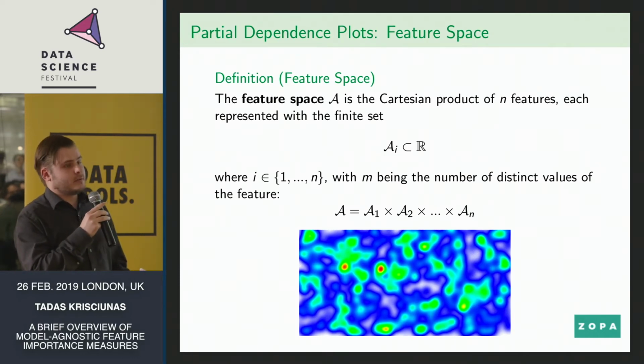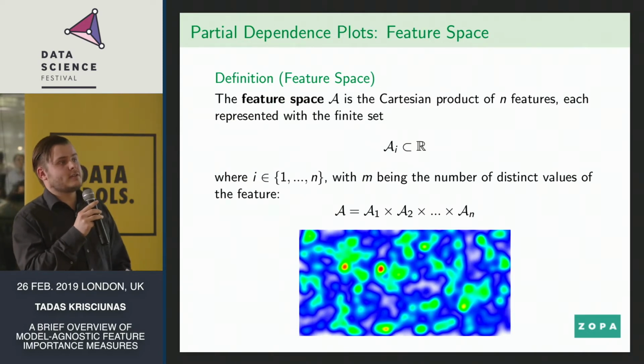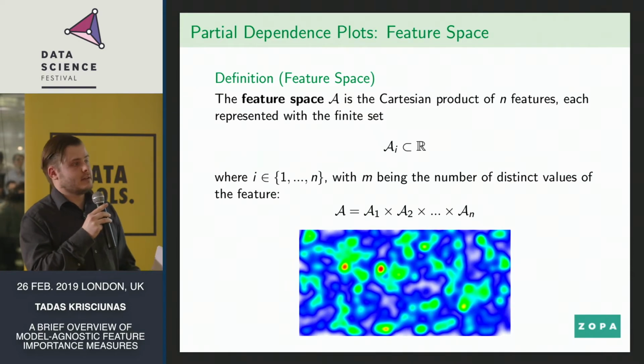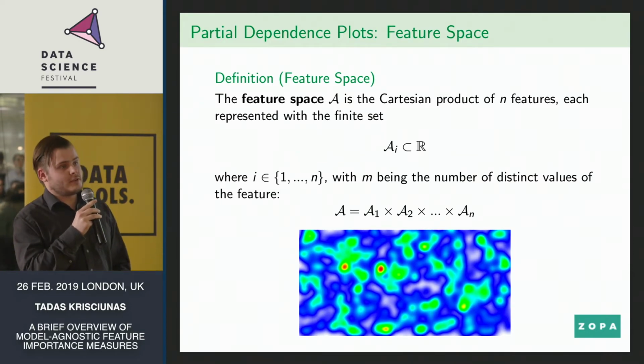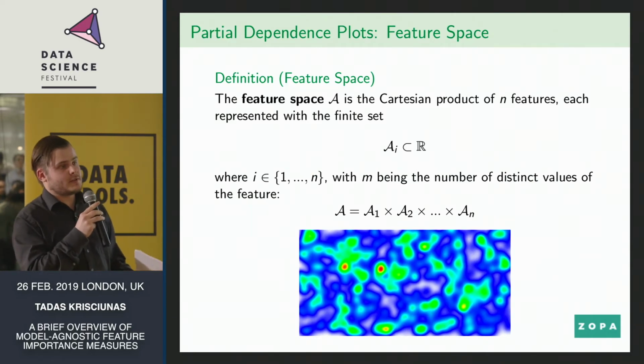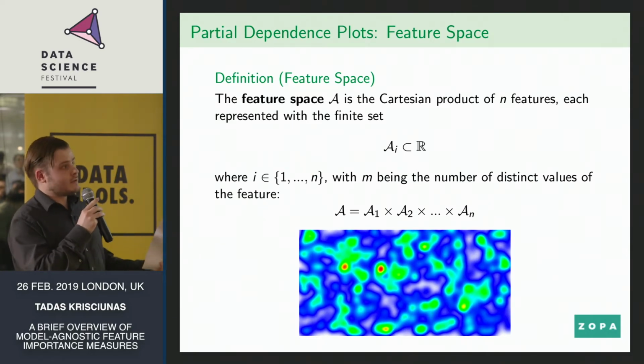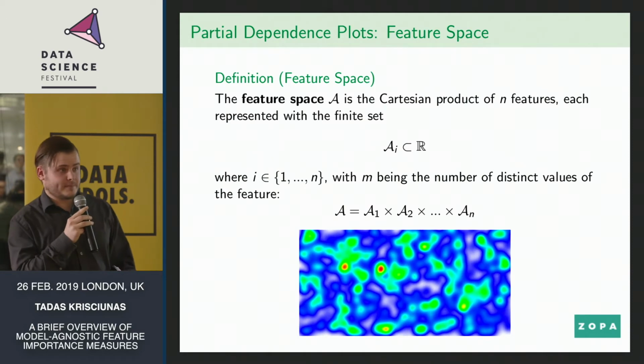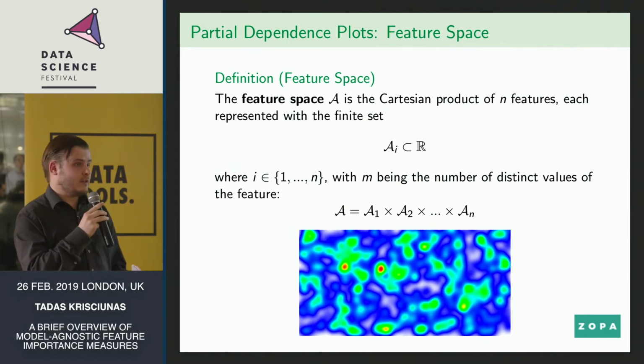So we effectively have a distribution assigned to some vectors which defines our population. And we can think of the feature space as that. A brief note is that for purposes of mathematical consistency, I'll also assume that feature spaces are actually finite subsets of the real vector space.